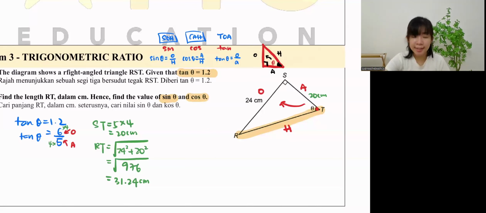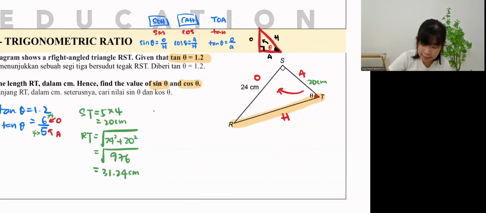Okay, not done yet because the question asks what is sine theta and also cos theta. Okay, we need to find these two things. To find sine theta, we always need OH. What is the O from the diagram? O, 24. How about H?